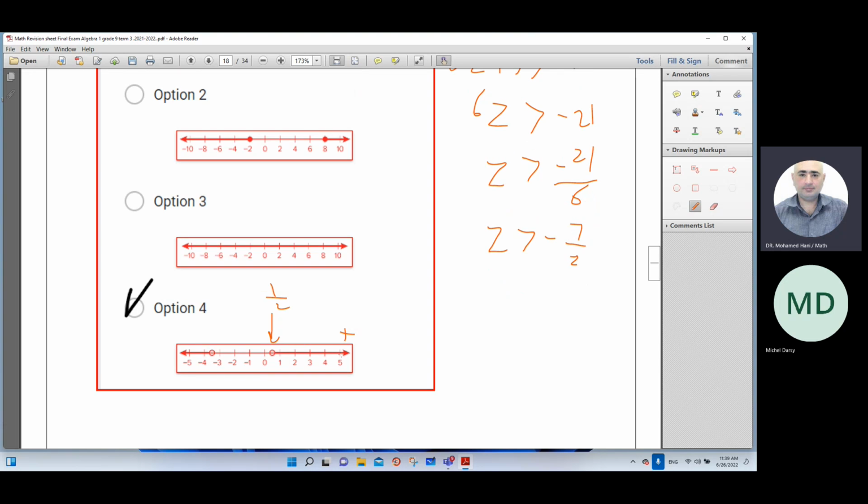And the second value, negative 7 over 2 means negative 3.5. It will be here between negative 3 and negative 4. And sorry, here the direction is the opposite direction.